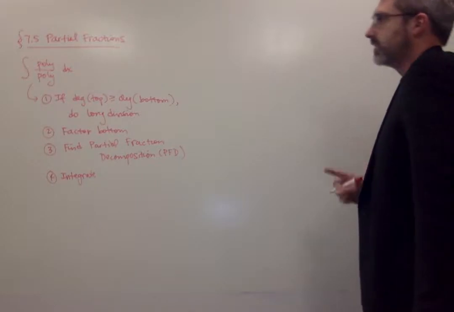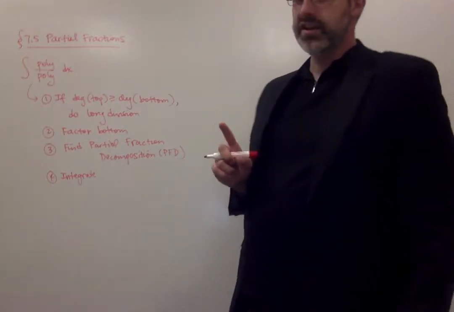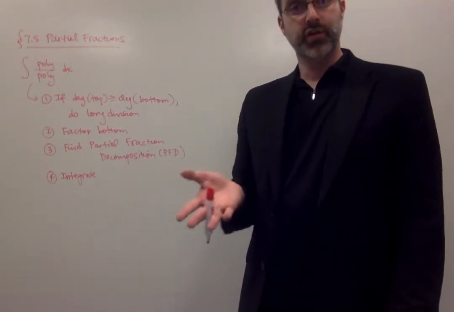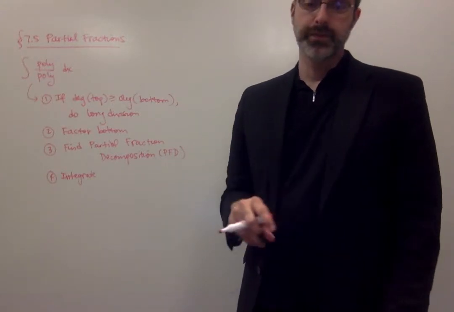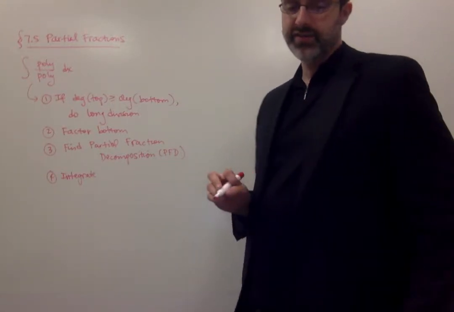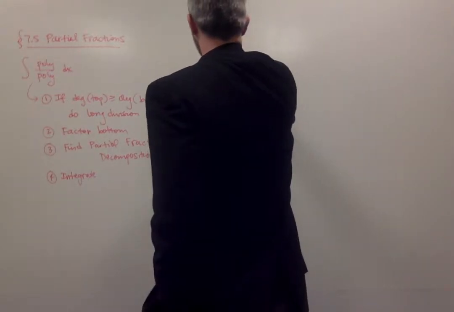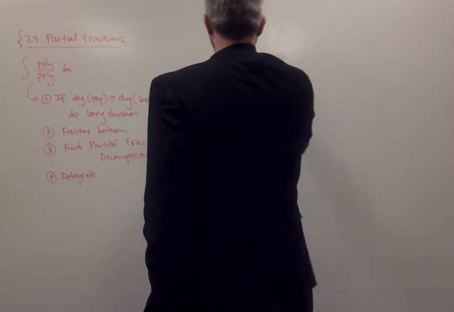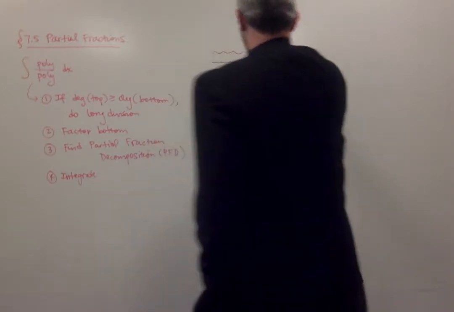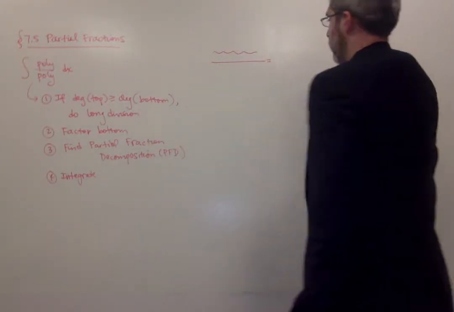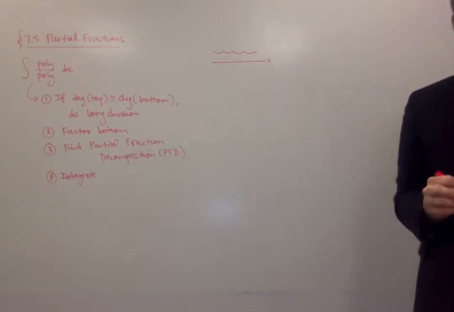Now, one of the types of problems that you may see on an exam or potentially a quiz, like maybe the quiz tomorrow, is I could just give you a fraction with the denominator factored, and I could ask, what's the form of the partial fraction decomposition?